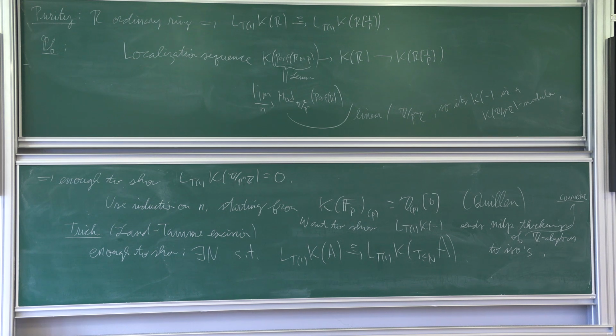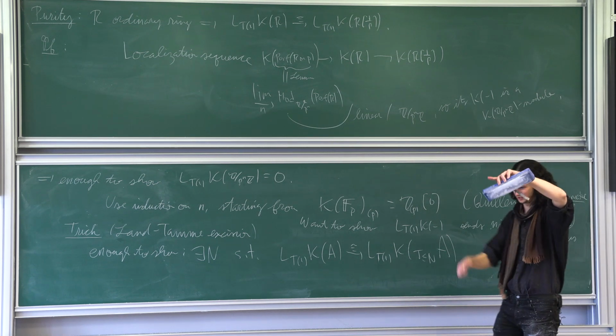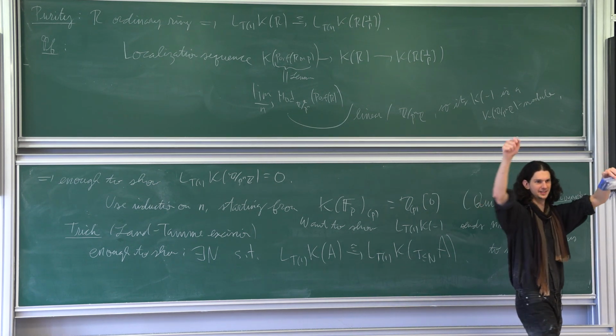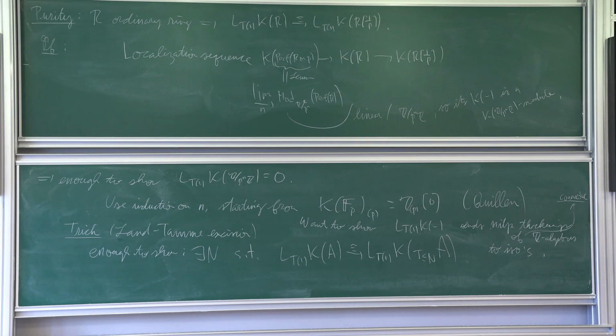So you realize lower truncations as fiber products? Yes, exactly. In the first step, say you want to get from Z mod P to Z mod P squared, you'd write Z mod P squared as a fiber product of Z mod P with Z mod P direct sum something sitting in degree 1, and then you have this circle dot construction. In the best of all worlds, that would be a fiber square also after K-theory, and then you could make the argument. But that's not exactly how it works.